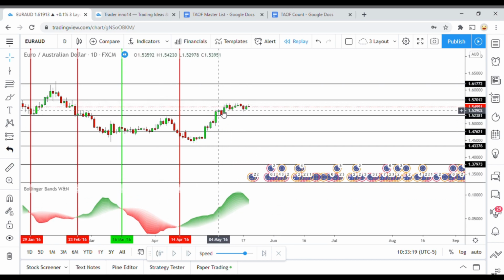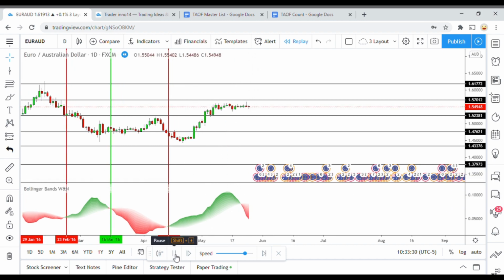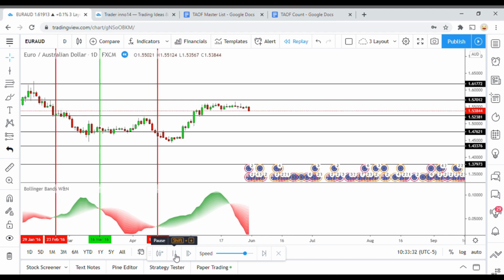That could be a sign that this move is starting to lose momentum. It's now rolling over and is possibly going to push its way back to the downside a little bit here. Let's see what it does. We get a short signal as well over here. Let's see right there.